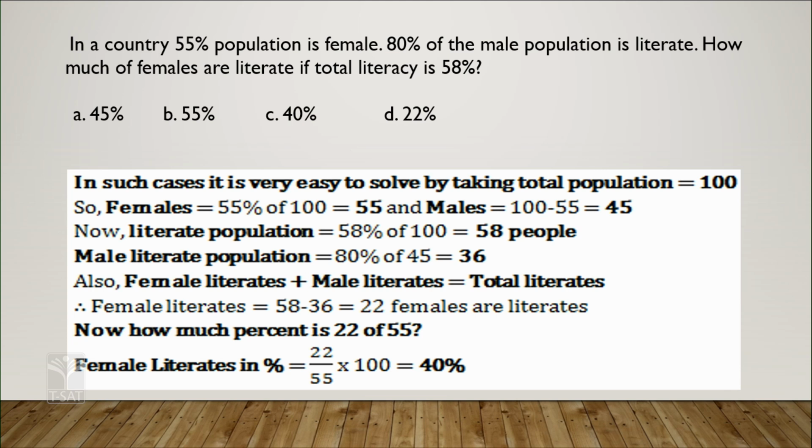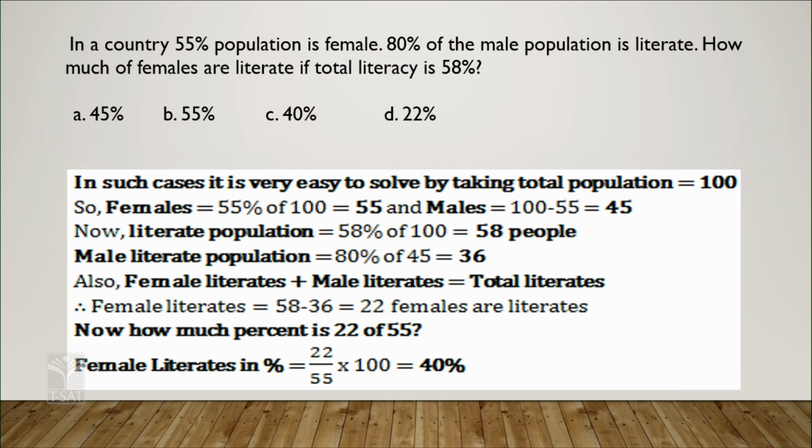Here I collected maximum questions from the previous examinations only, so you can understand the standard of the question. 55% of the population is female, means the remaining 45% will be male. Is it clear?